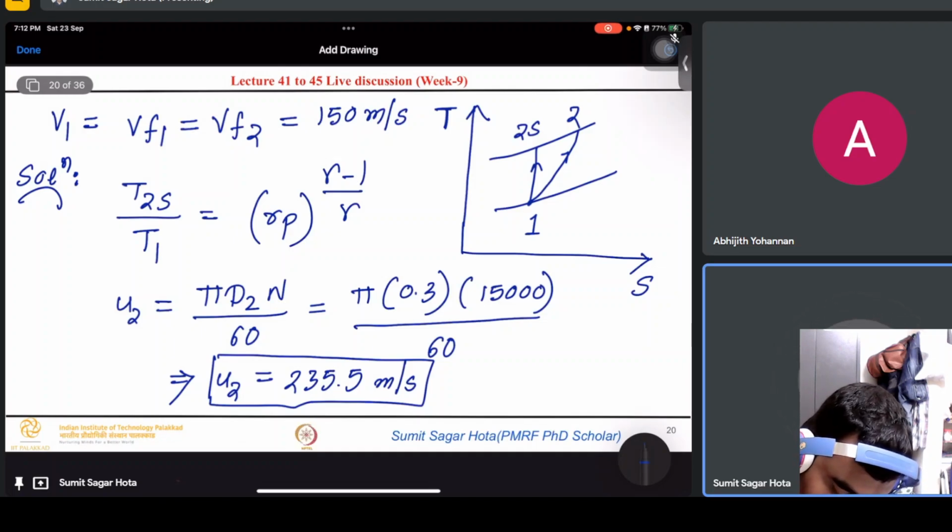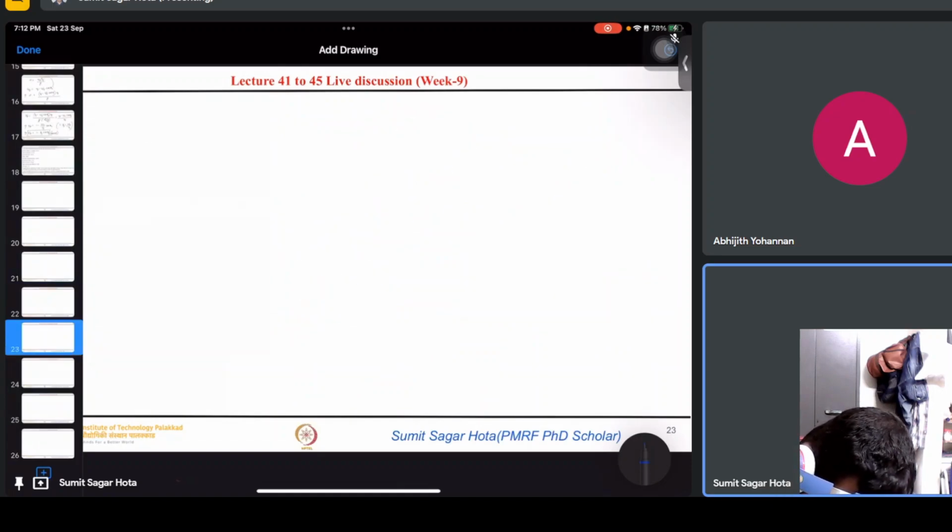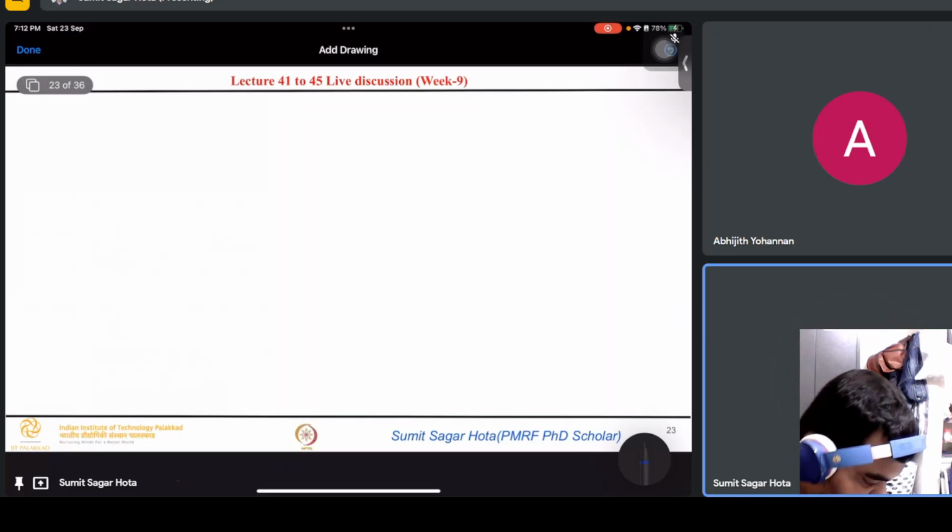So 1 to 2s is your isentropic process, and when you go 1 to 2, that is not the isentropic process, that is the actual process. That's the reason why, if the isentropic efficiency is 100%, there is no role of T2. The graph is straight, directly 1 to 2s, there is no 1 to 2. Now we are finding our pressure ratio.